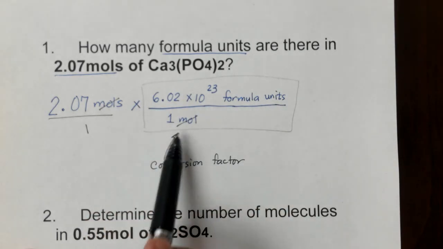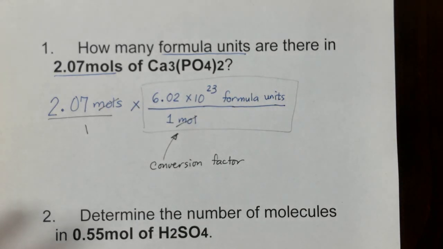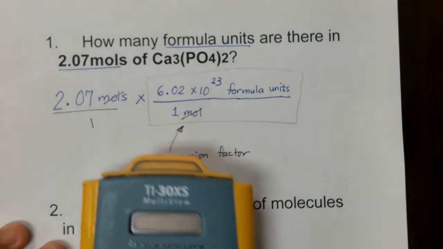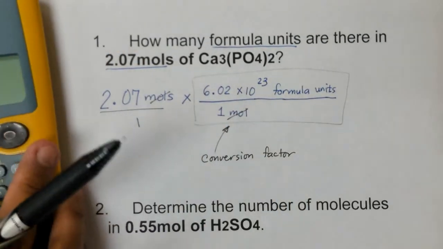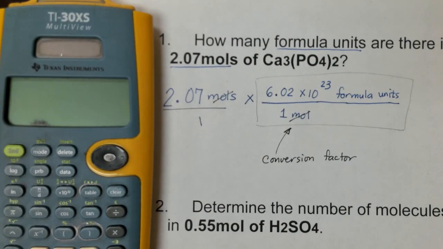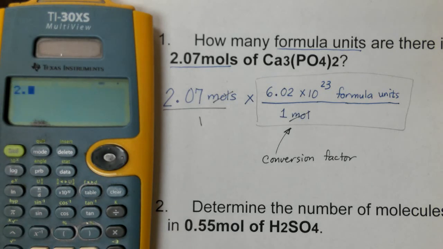Now that we have canceled our mole, we can directly use the calculator so that we will get the final answer. So in our calculator, I'll put that aside. We will now input 2.07, and then we press multiply, and then our exponent, the way we practiced a while ago.